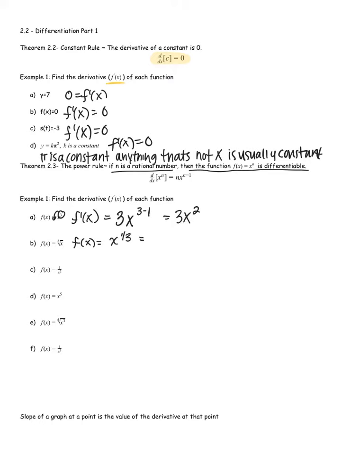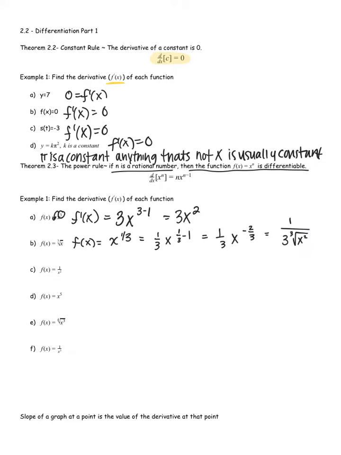So then to find the derivative, 1/3 x to the 1/3 minus 1, which gives me 1/3 x to the negative 2/3. You can keep it like that, or you can change it to 1/3 times the cube root of x squared. How I know that is the power is in the sky, the root is in the ground.